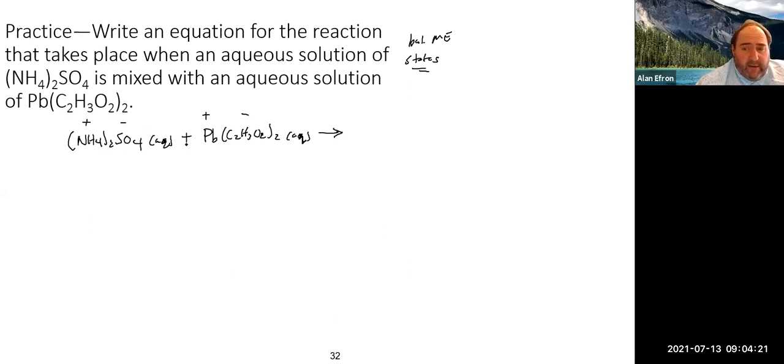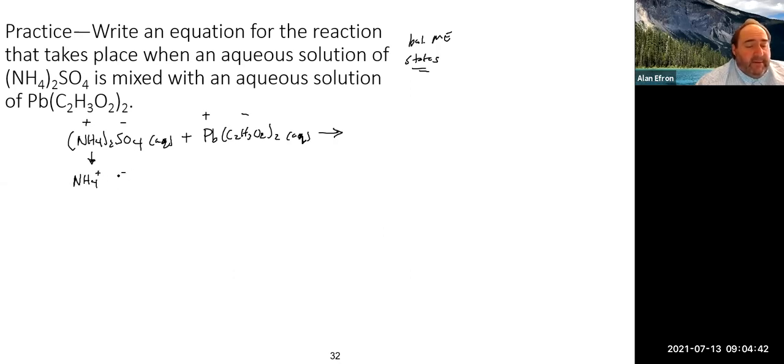Again, here we have a lot going on, so we want to do what we've been talking about, which is put together the formulas first and not worry about the balancing part until after we get the right formulas. With that being said, the basic unit of ammonium is NH4 plus.